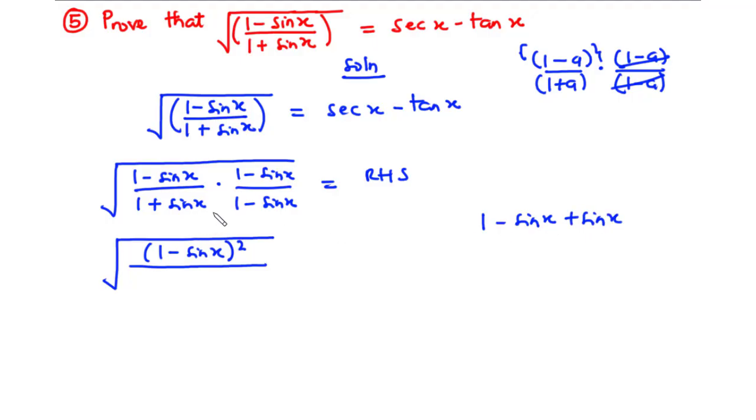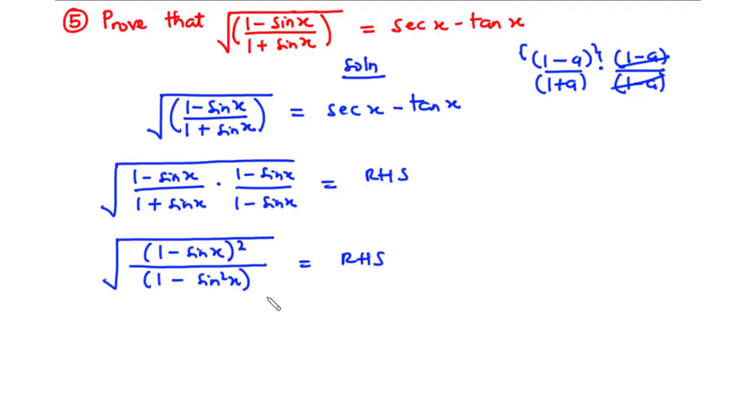And then sin x times negative sin x becomes negative sin square x. So we simplify this, and then we have 1 minus sin square x, as negative sin x cancels out sin x. And that is equal to the expression on the right hand side.